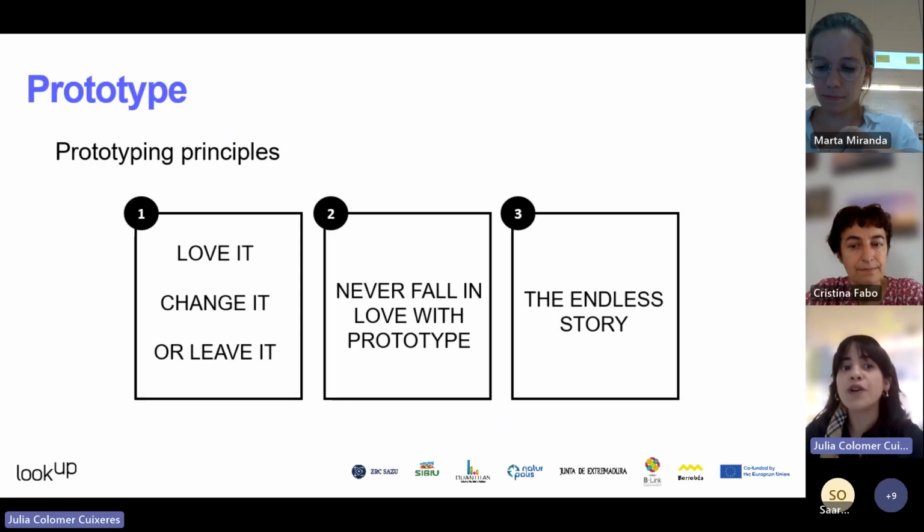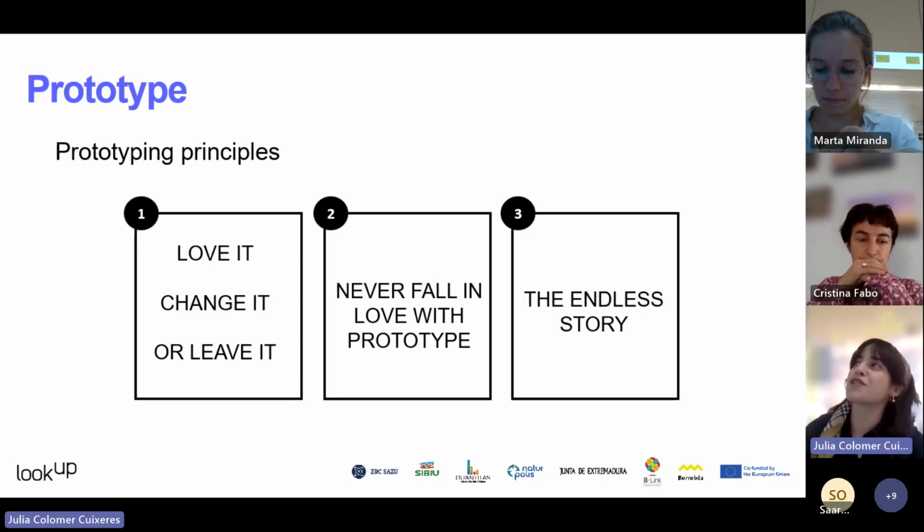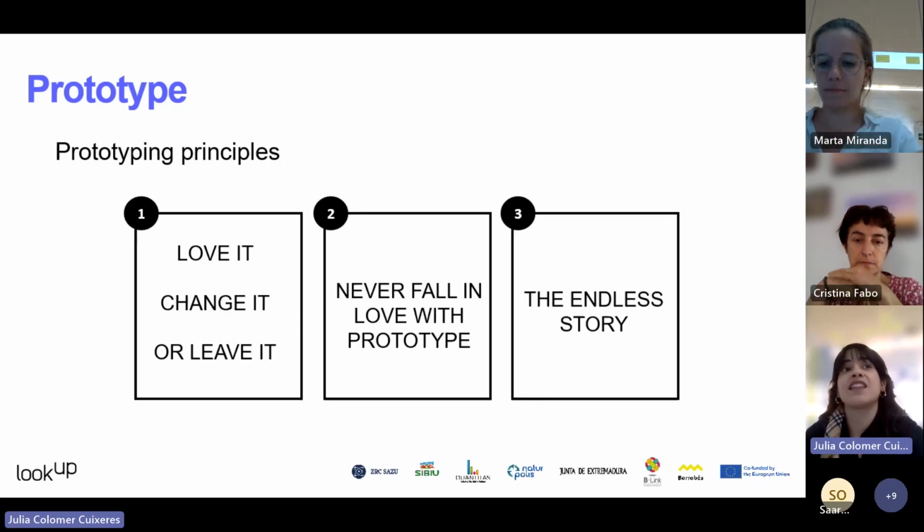Okay, the principles of prototyping: love it, because of course you have to enjoy it and believe in what you are doing, your idea and the business model. Change it, because as I mentioned, you have to be modifying the prototype all the time, as much as possible. Or leave it, in the sense that if you realize the prototype is not meeting the needs of the market, maybe you have to change it again, or think about another idea that could meet these needs.